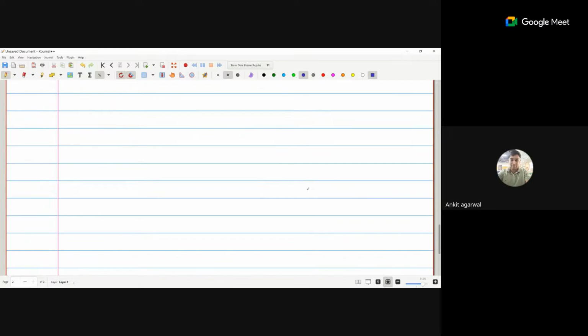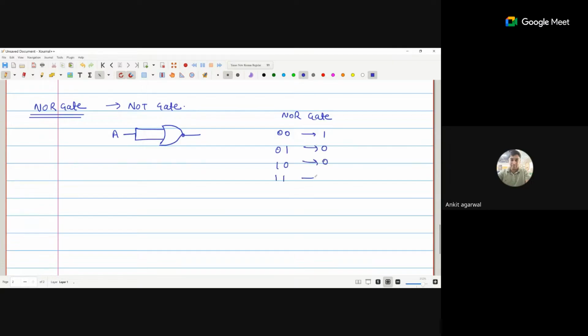In a similar way, using NOR gates we can implement them. First of all, the NOT gate. Simple. If I connect both inputs, the NOR gate table is 00 gives 1, 01 gives 0, 10 gives 0, 11 gives 0.